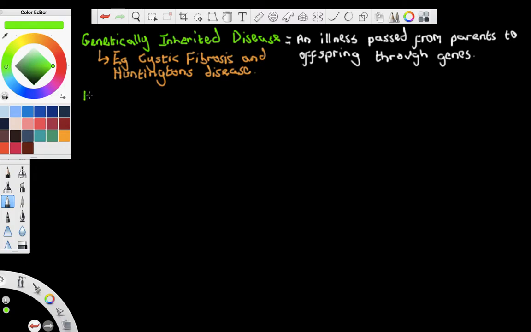So if someone is homozygous dominant, that means that they have two dominant alleles.